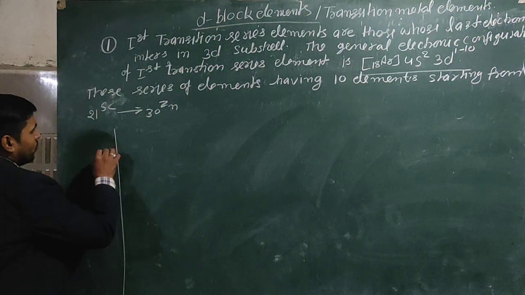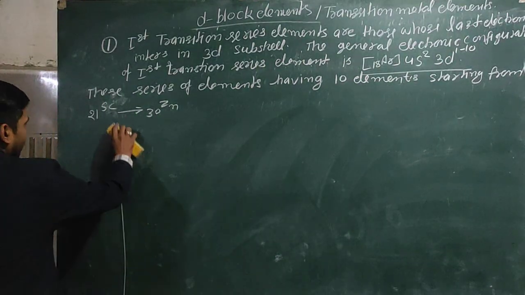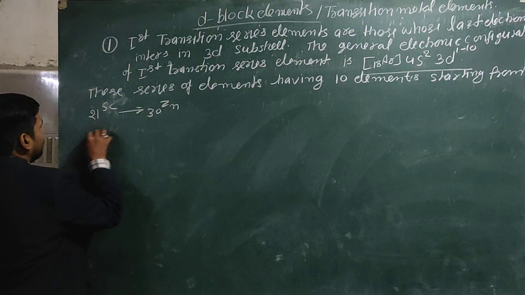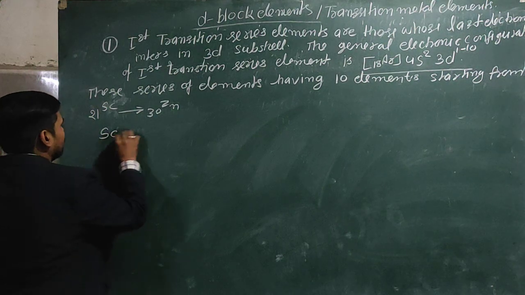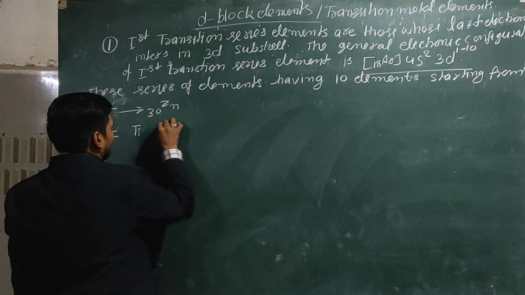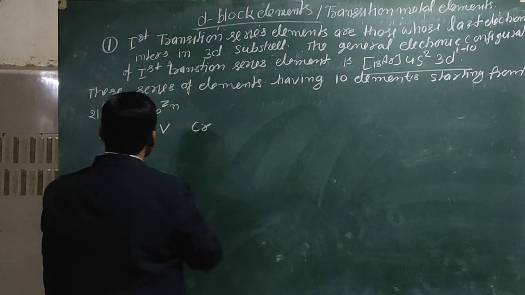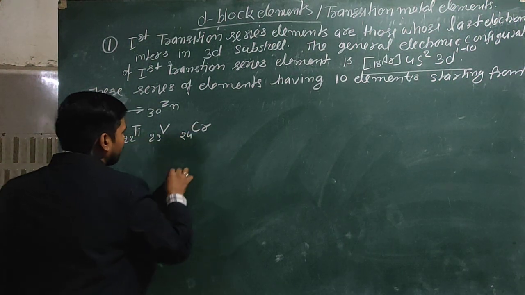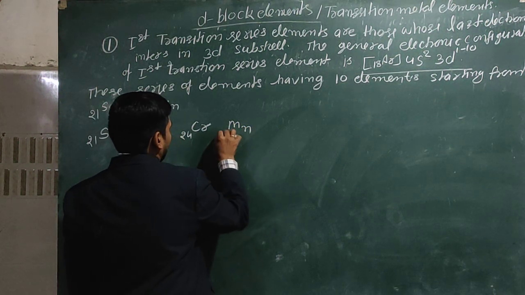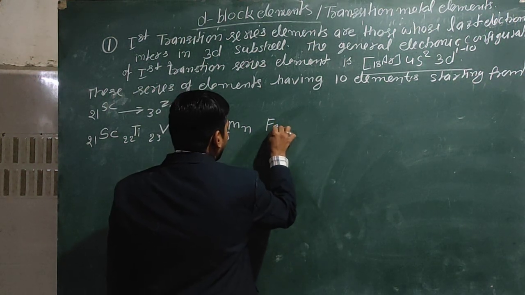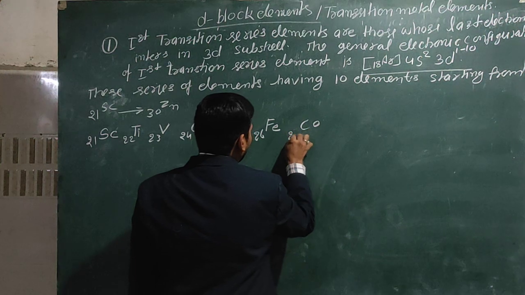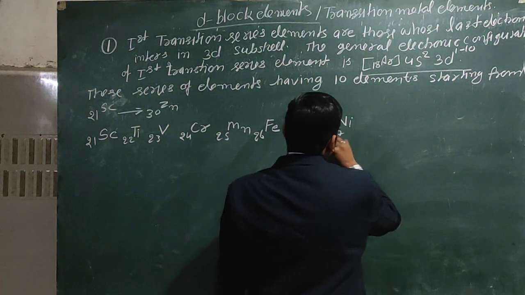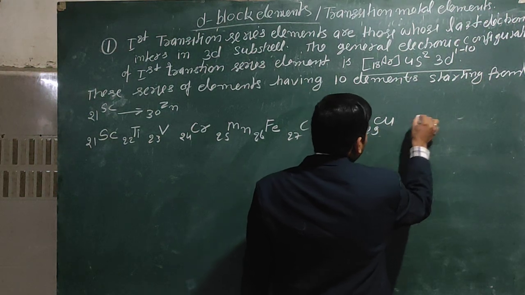All the d block elements are categorized in four categories, but the first transition series has 10 elements starting from scandium, titanium, vanadium, chromium, manganese, iron, cobalt, nickel, copper and zinc.